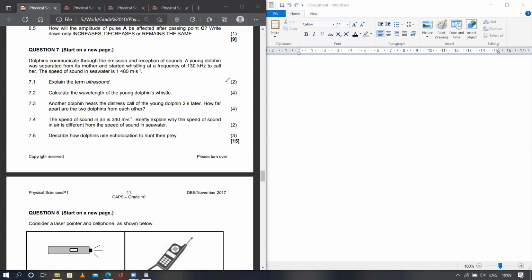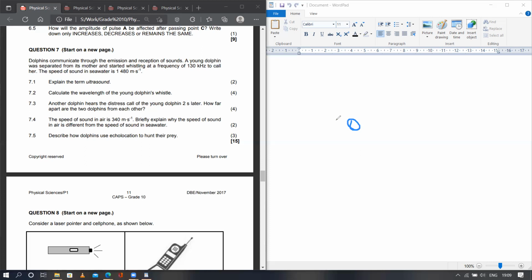Honestly, I have an idea. I just don't know how to explain it to you. So basically, echolocation, let's say the circle here is our dolphin.